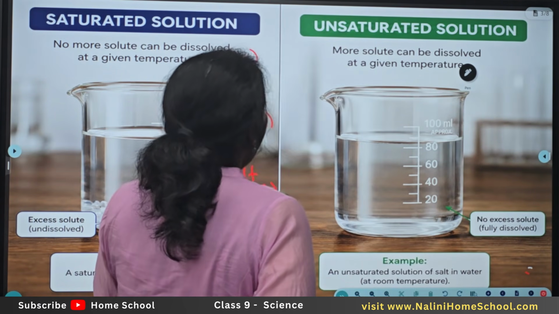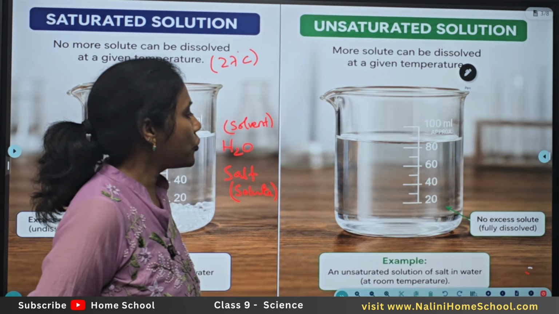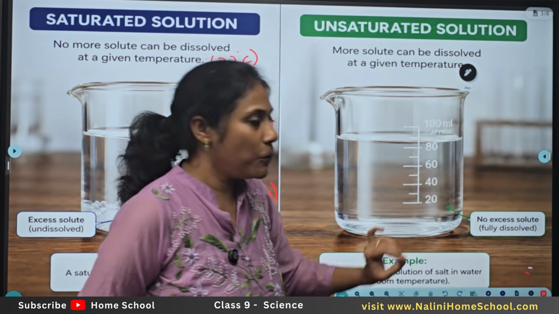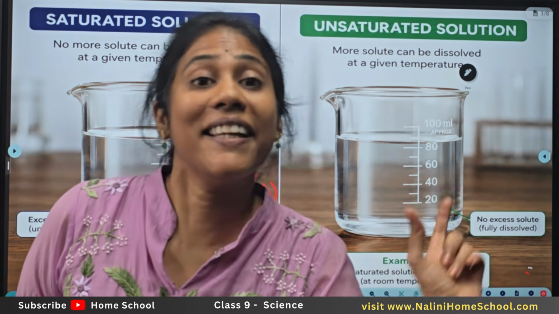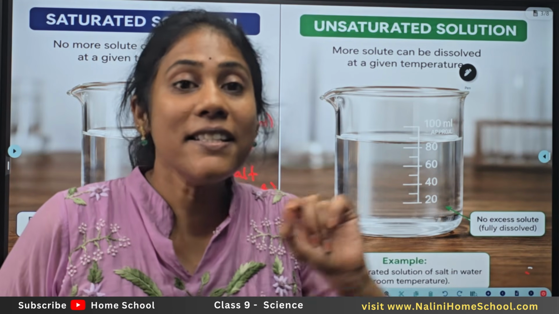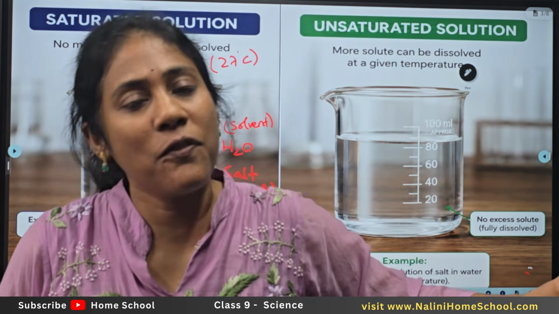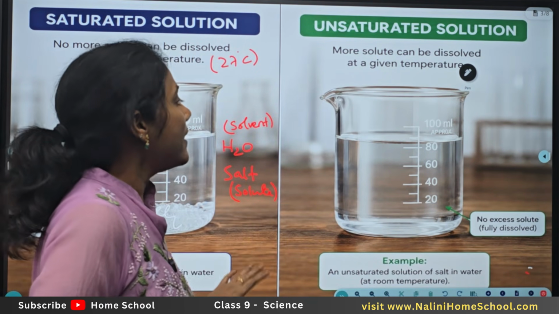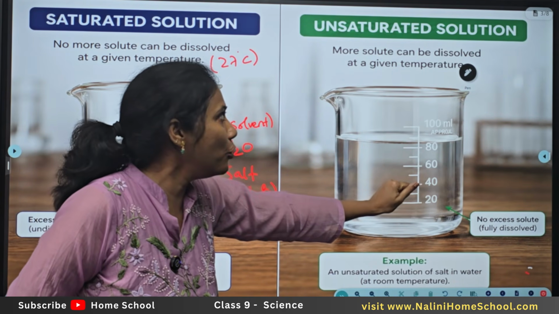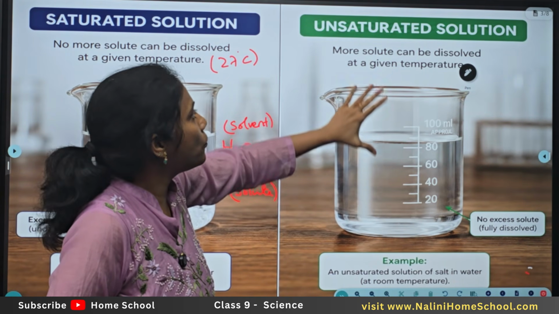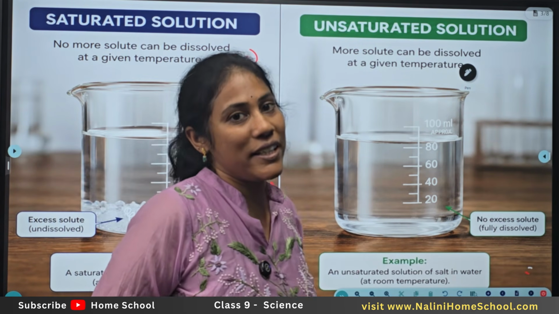Okay. So now, what is an unsaturated solution? You added 1 spoon. Okay, it got dissolved and there is a scope for a second spoon to be added. There is a scope for a second spoon of salt to get dissolved. So still some vacancy is there in this solution to add a solute. Such a solution is called an unsaturated solution.